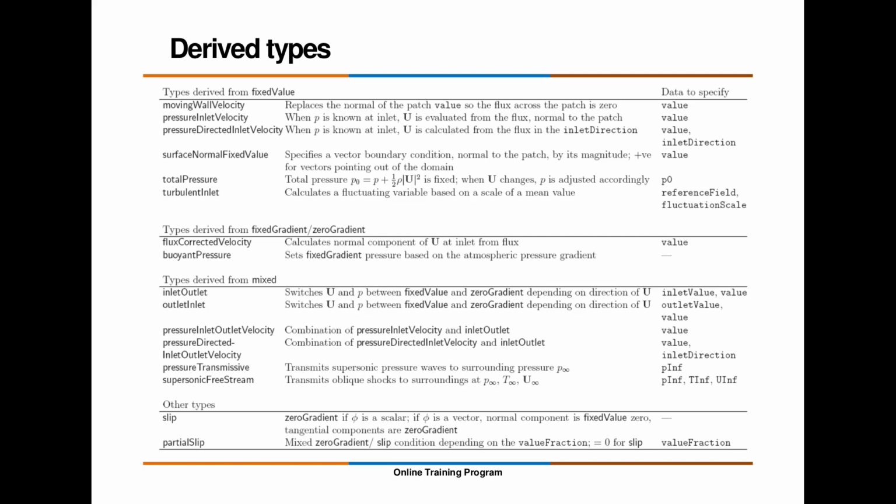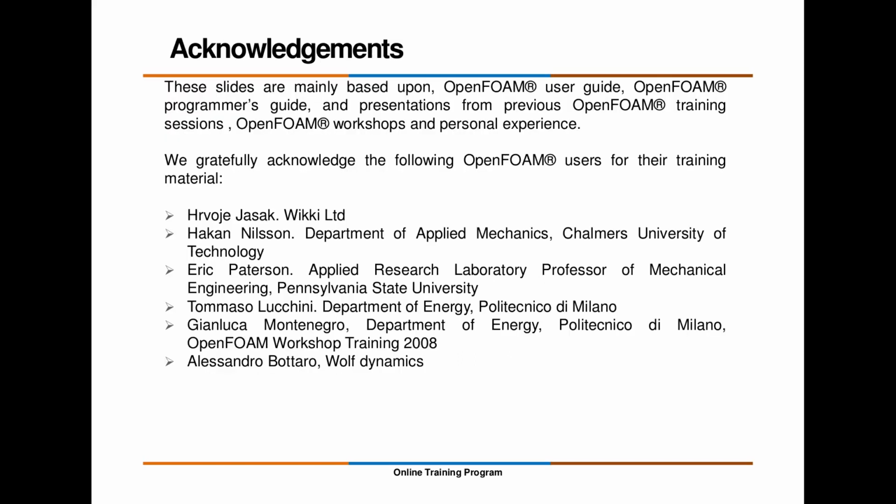That way you can check the different conditions with the help of the slip conditions. Partial slip is a mixed zero gradient slip condition depending on the volume fraction. This partial slip type of condition normally goes with interFoam type of calculation, VOF and all these calculations. So these are a few of the derived class of conditions.